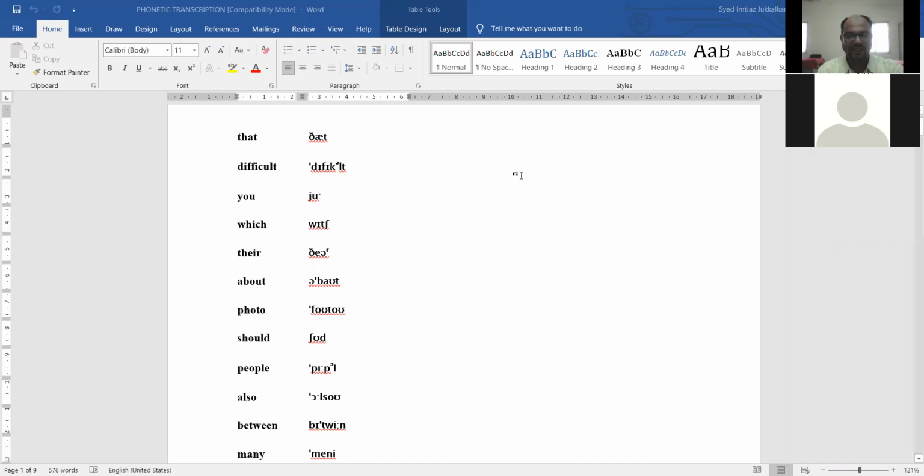And I have also shown you the symbols to find out the correct pronunciation in the dictionary. We have to refer to the Advanced Learner's Dictionary or the Dictionary of English Pronunciation by Daniel Jones.